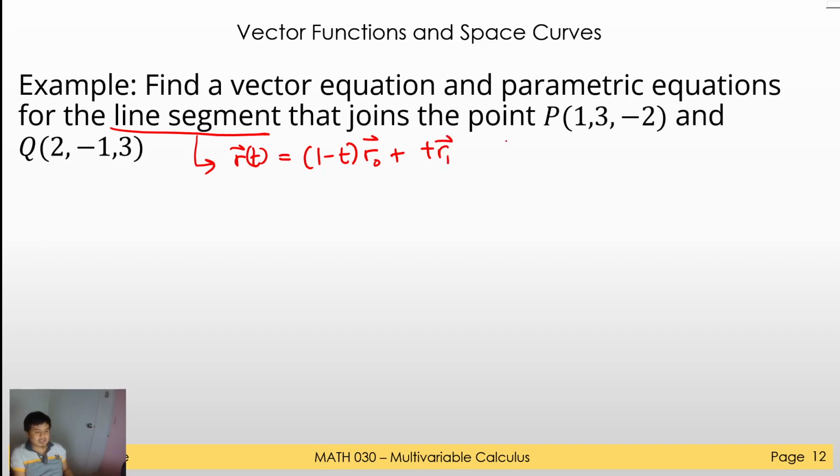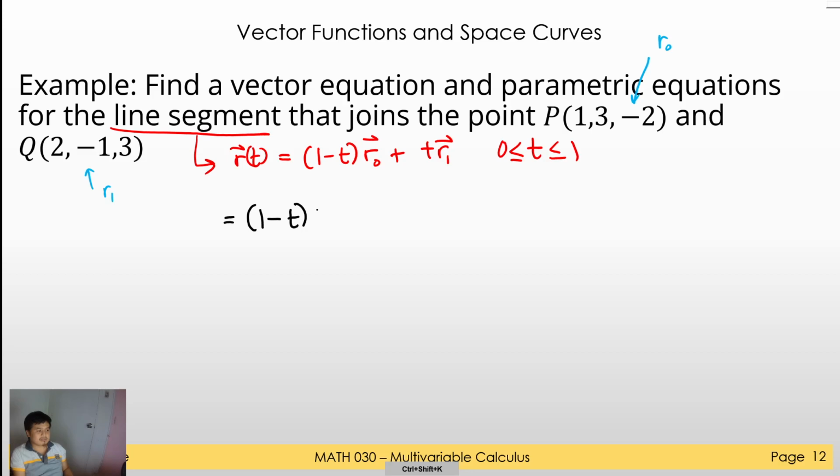And the domain of t here is only from 0 to 1. So we can designate this as r sub 0, and this is your r sub 1. So to find this, we have 1 minus t, and then we can directly substitute now.